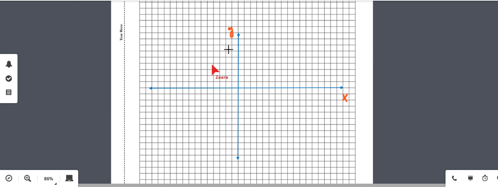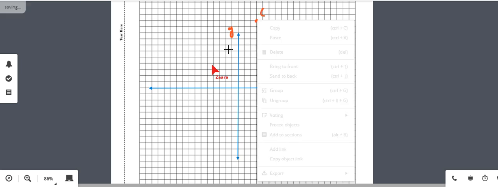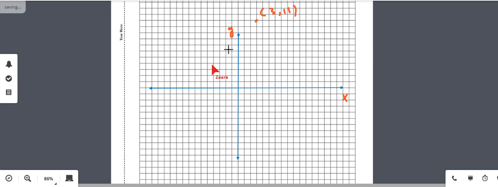And the first point is 3, 11. So 1, 2, 3, and 1, 2, 3, 4, 5, 6, 7, 8, 9, 10, 11. So I will get this point. This is 3, 11. And the other point is negative 2, 1. So negative 2, 1.